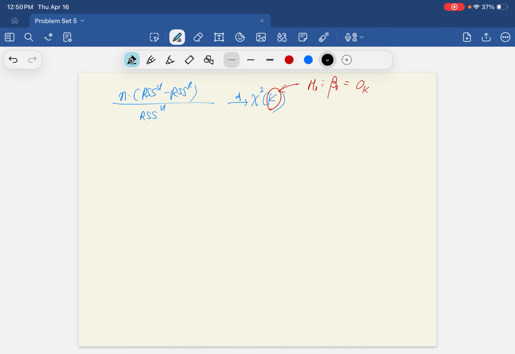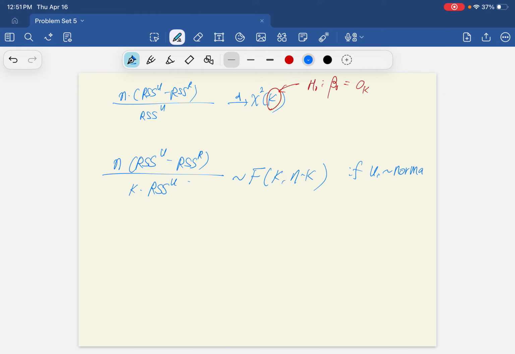So that's why k is there. But in the undergraduate econometrics textbook, it would look like this: RSSU minus RSSR divided by k times RSSU. Then it will be an F distribution with k and n minus k degrees of freedom, if u was normally distributed. This is the old school F statistic.